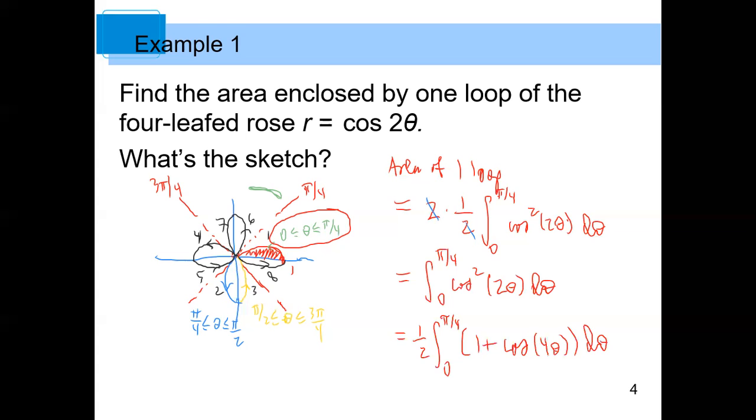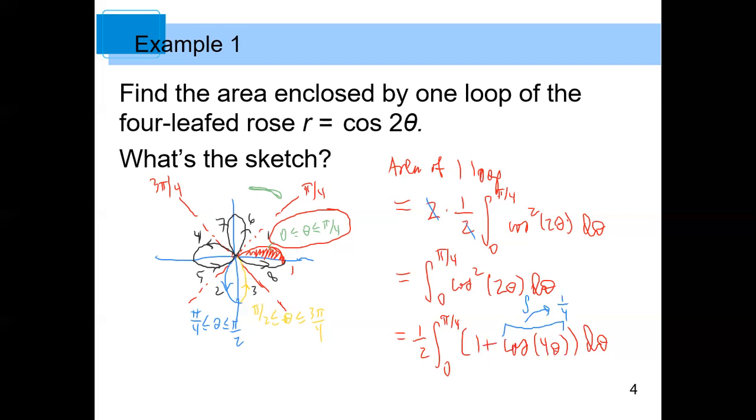Now, I want to point something out to you, that what I'm about to tell you is one of the most practical tips I can give you. Think about the cosine of 4 theta. When I integrate that, what's the antiderivative of cosine 4 theta? 1/4 sine 4 theta.